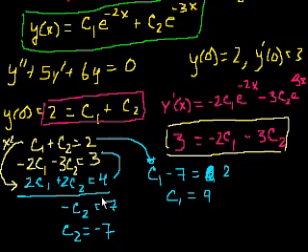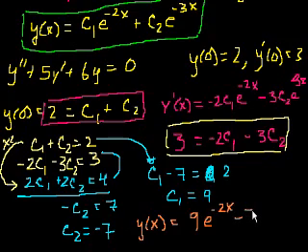And now we have our particular solution to the differential equation. So this was our general solution. We can just substitute our C1 and our C2 back in. We have our particular solution for those initial conditions, and I think that warrants a different color. So our particular solution is y of x is equal to C1, which we figured out is 9e to the minus 2x, plus C2, which is minus 7e to the minus 3x.